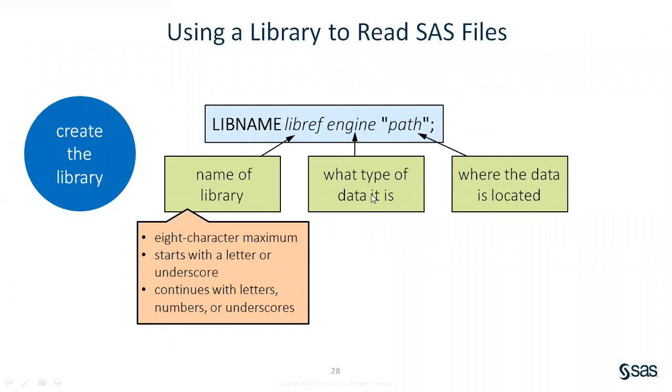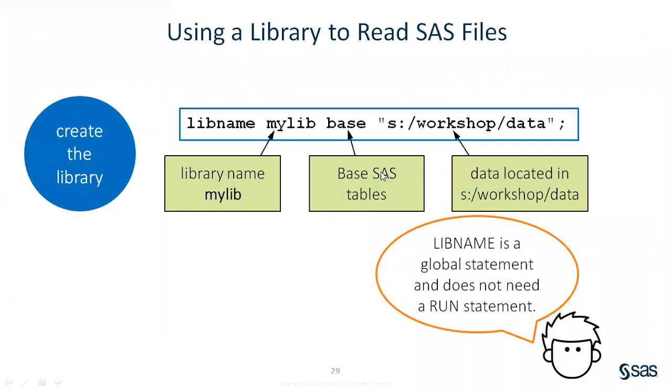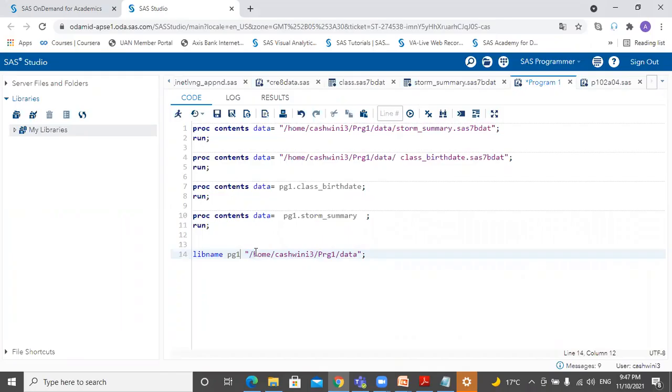Even if you want to give an engine, you can provide the engine name here as base, and it will get highlighted blue. Because it's SAS, there is no need of using this engine. Even if you don't use it, it's fine. Even if you use it, it's fine. Because we are working on SAS data sets itself, it's automatically understood that its engine is base.